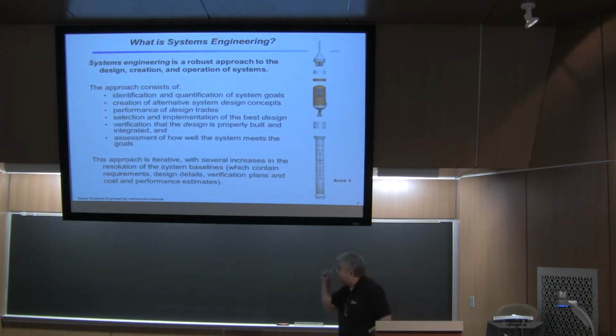So, if we look at systems engineering, it is an approach to the design, creation, and operation of systems. And a system engineer will be somebody who does this typically, and it's a little bit different in this college, but I'll say that that's unusual.